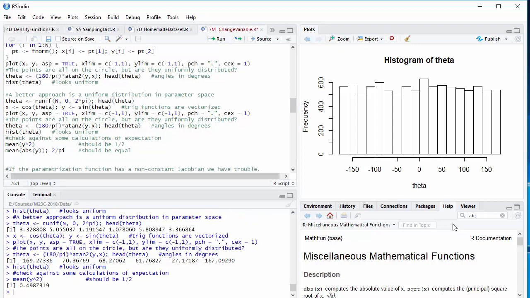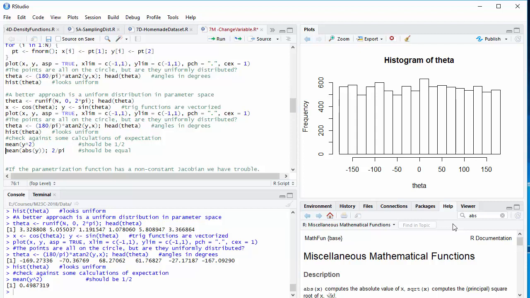A calculation that's done in almost every course in multivariable calculus gives us the mean of the absolute value of y. The physical version of this is usually you have a loop of wire in the form of a semicircle. What's the location of its center of mass?